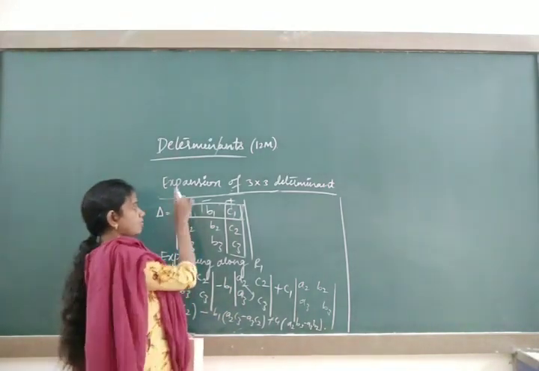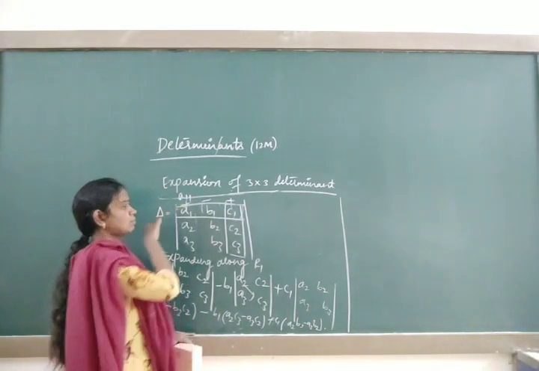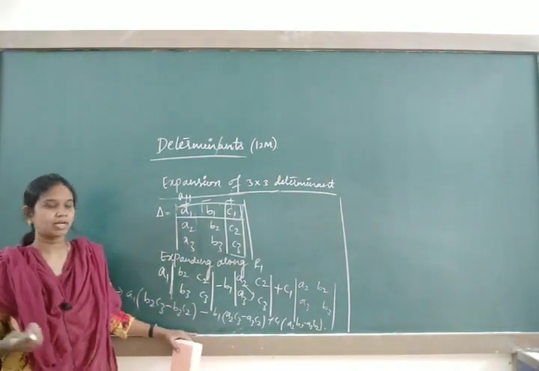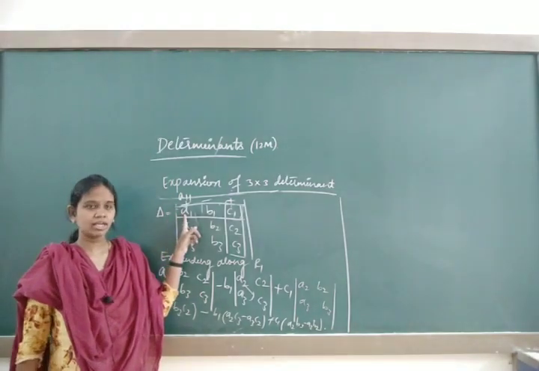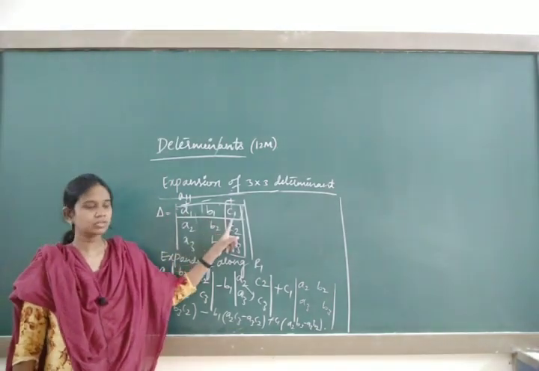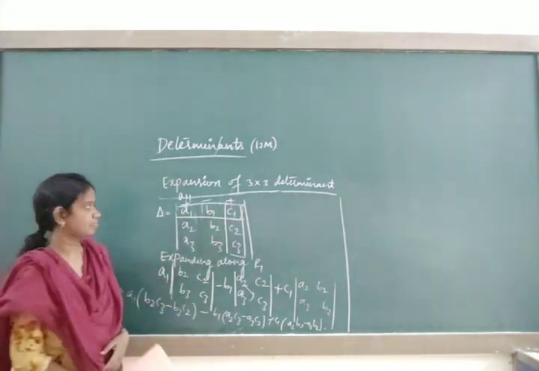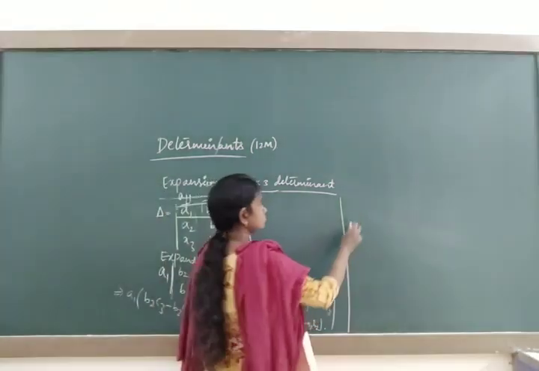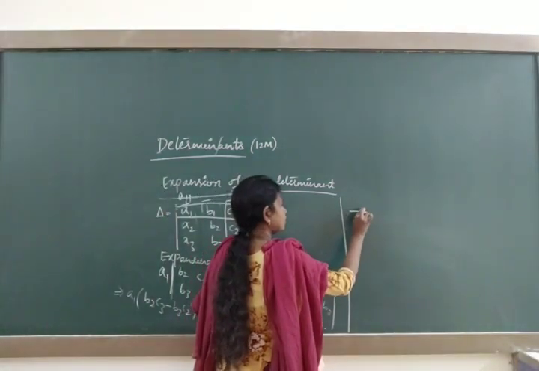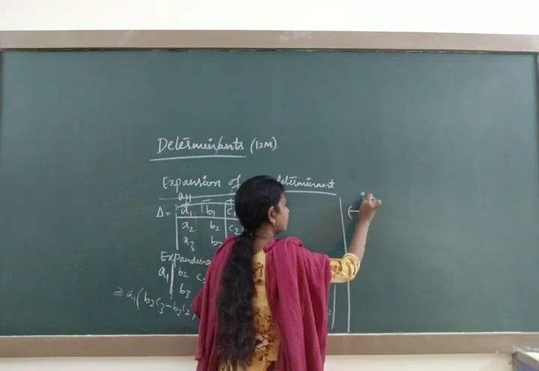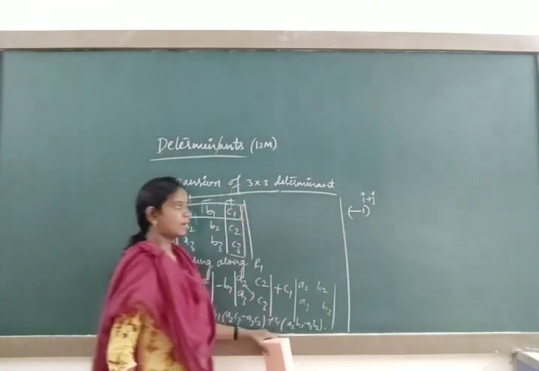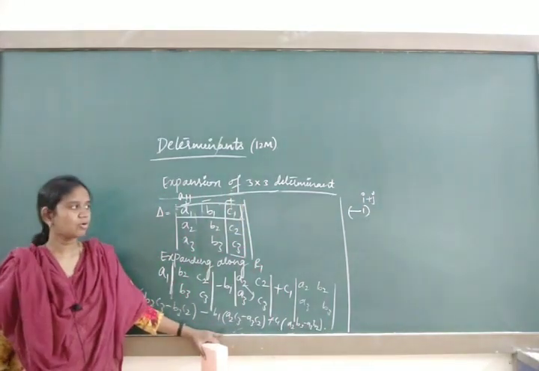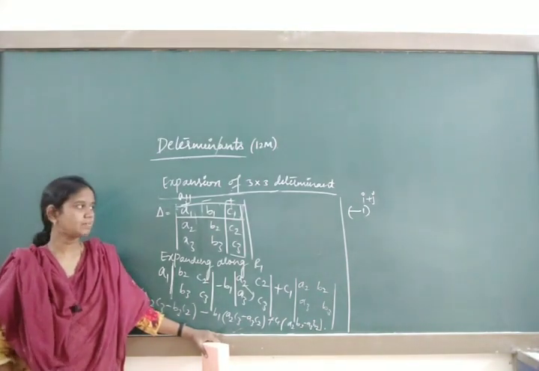So A1 is present on which suffix number? A11. Recall the matrix. This position is called A11, this is A12, this is A13. This is one of the factors they have taken: minus 1 to the power of i plus j.